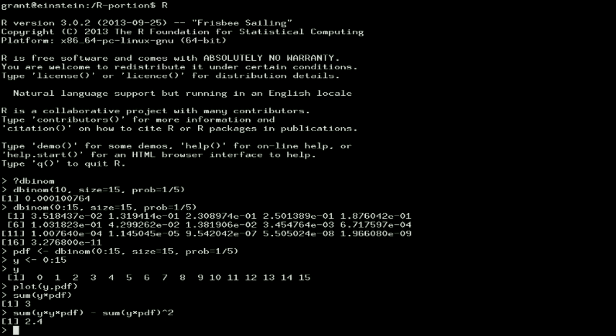And then for the standard deviation, let's see if we can take the square root. So sigma being the square root of all of this.